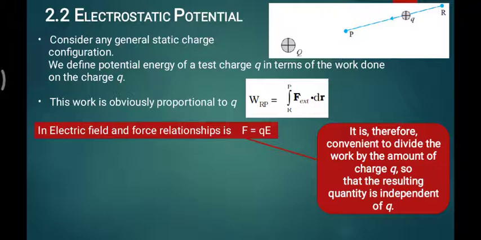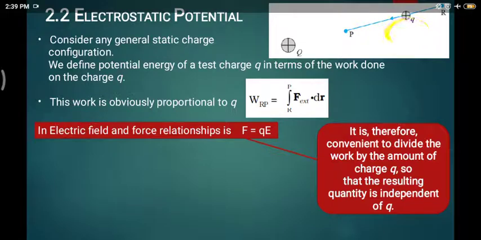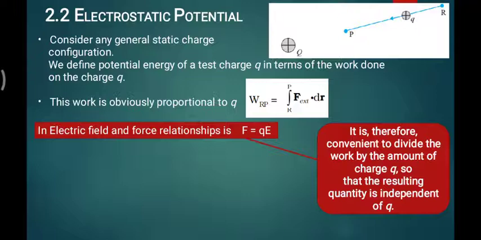Then what is the work needed per coulomb of charge? The 5 joules depends on the total charge, because if the charge is more, then more work will be required. If instead of 5 coulomb this is 10 coulomb, then for the same distance and the same system you need to do more work. So it depends on q.